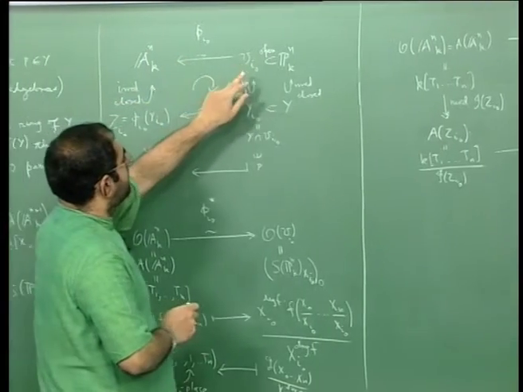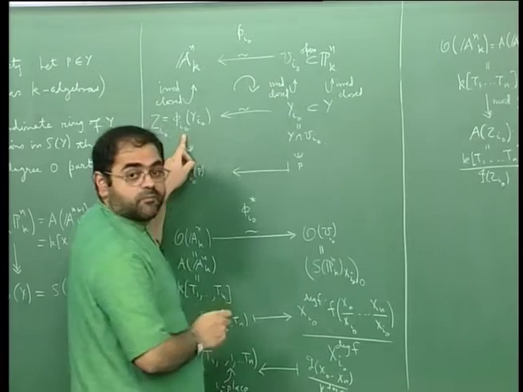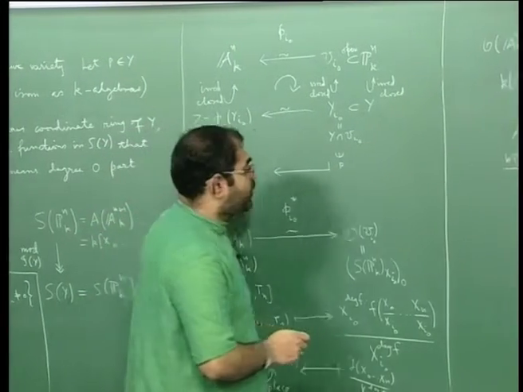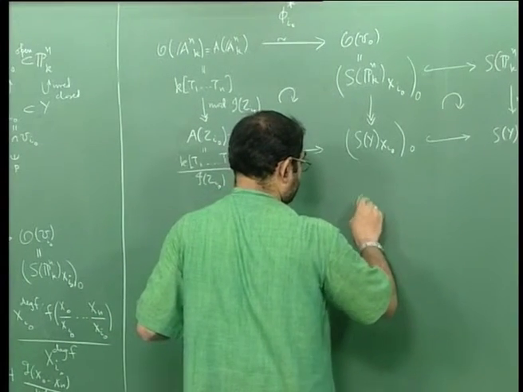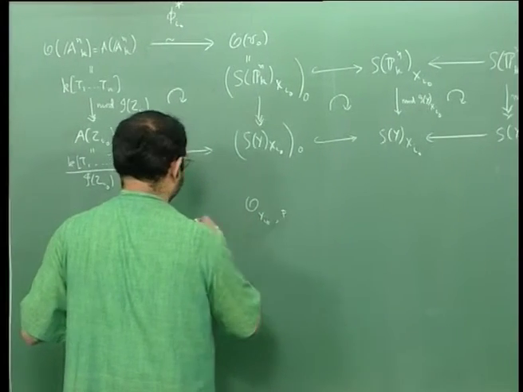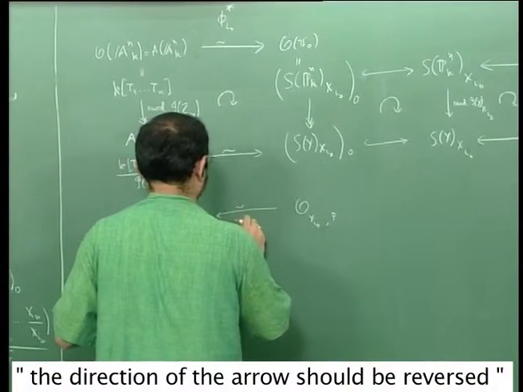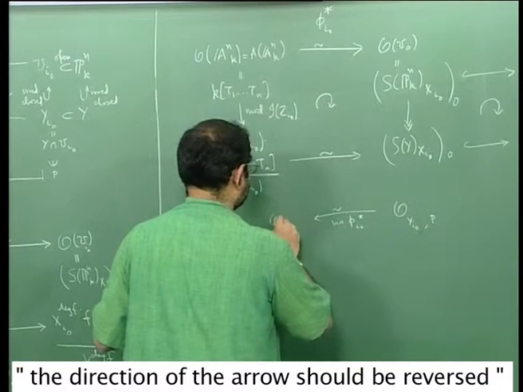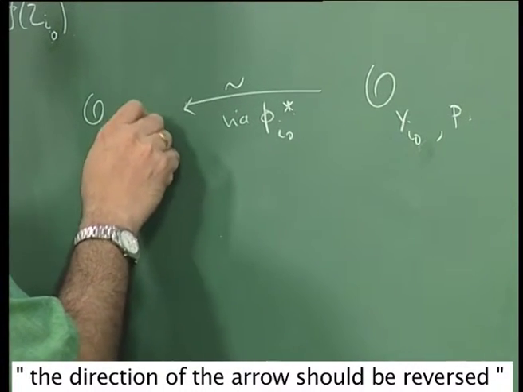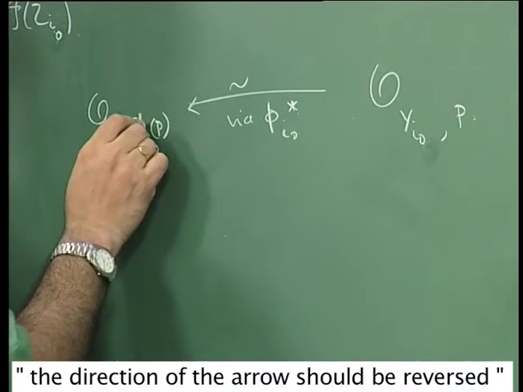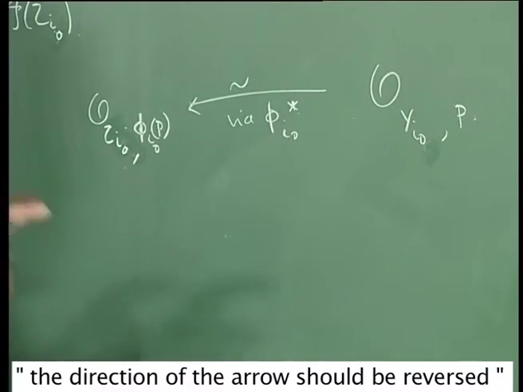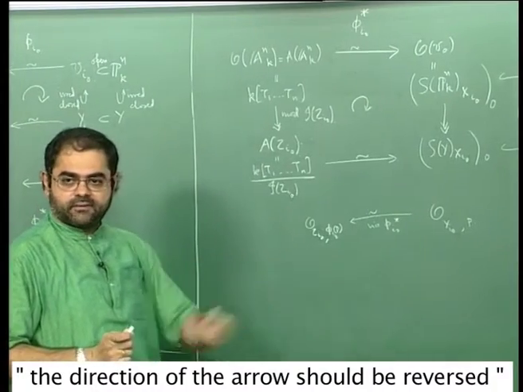Because you have an isomorphism of these two varieties, the local ring of this at this point is going to be the same as the local ring of zi naught at phi I naught of P. So the local ring of yi naught at P is going to be isomorphic via phi I naught star to the local ring of zi naught at phi I naught of P. You get this because we have seen that an isomorphism of varieties gives rise to an isomorphism of local rings.